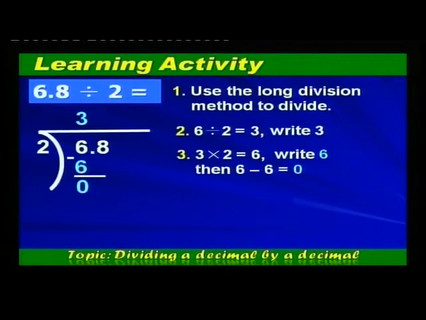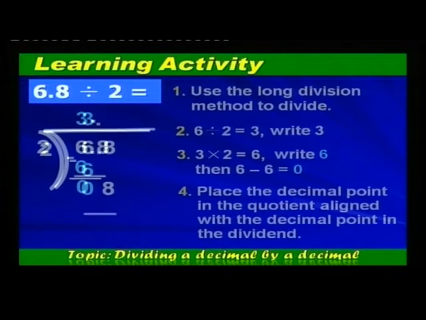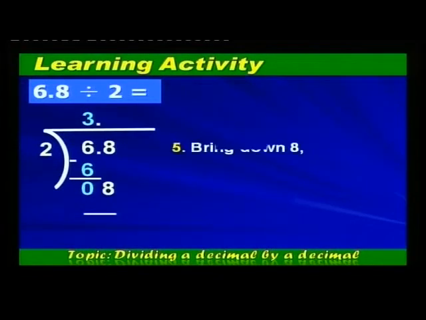Irvin? Decimal point. Well done. There's a decimal point there, so you deal with the decimal point first. You will place the decimal point in the quotient, and it must be in line with the decimal point in the dividend. Okay? The next thing you do, once you have placed the decimal point, you now bring down the 8. The next thing, anyone? What's the next thing you do?